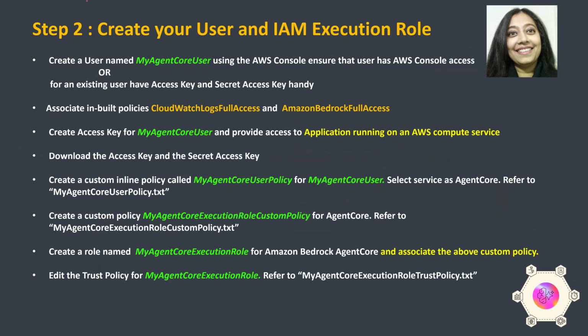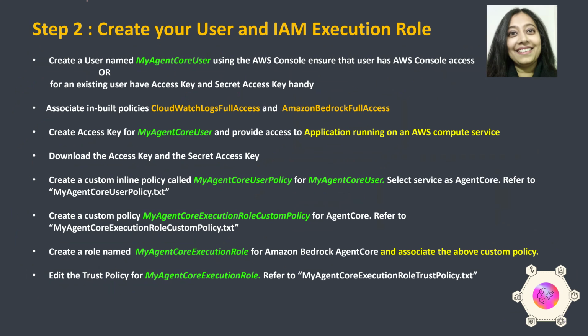The next step is essentially to create a user and a role. Now you can actually use an existing user if you have one. Ensure that you have the user's access key and secret access key handy. If not, just go ahead and create a user named AgentCore. To this user, you will be associating some built-in policies like CloudWatch Logs Full Access and Amazon Bedrock Full Access.